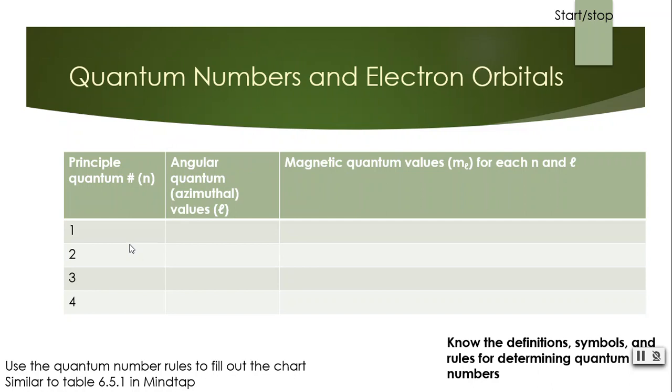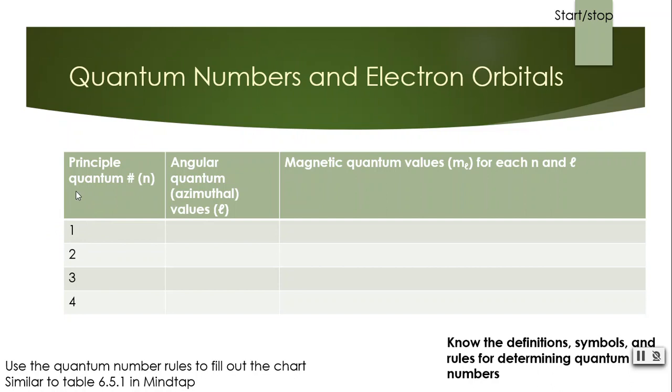So let's use the rules we talked about in the previous video to determine the values related back to the principal quantum number. If I have a principal quantum number of n equal to 1, I know that my L values are supposed to start at 0 and go to n minus 1.